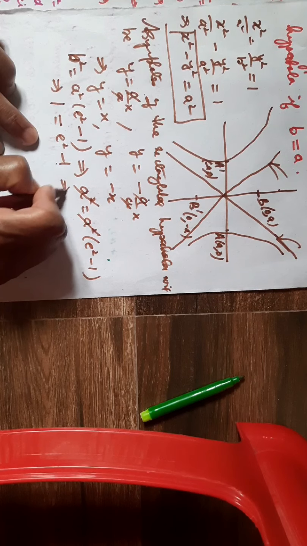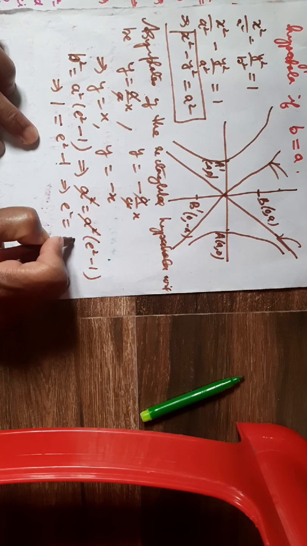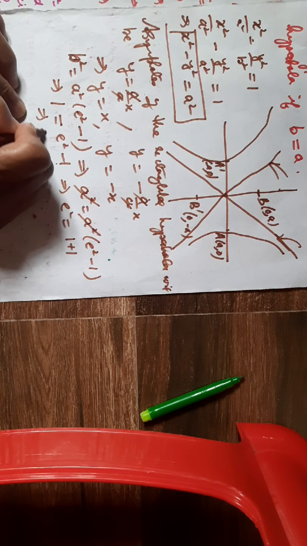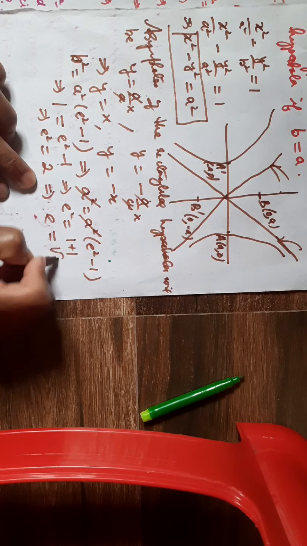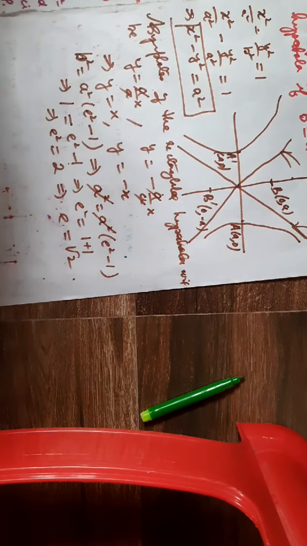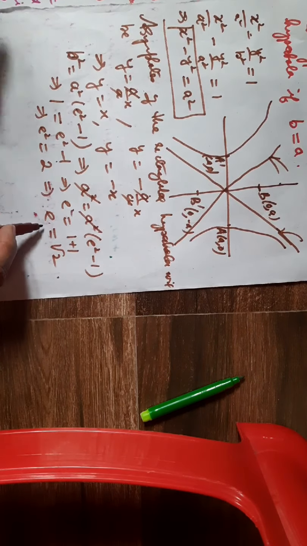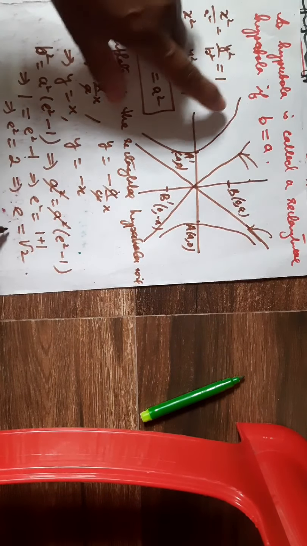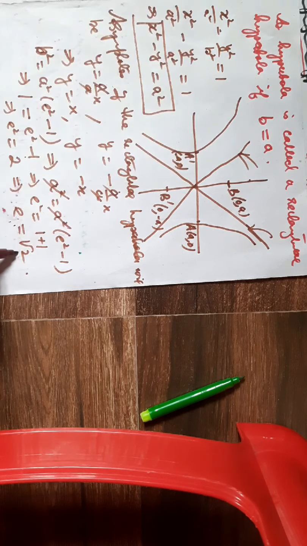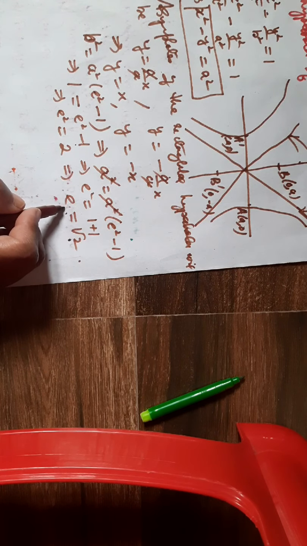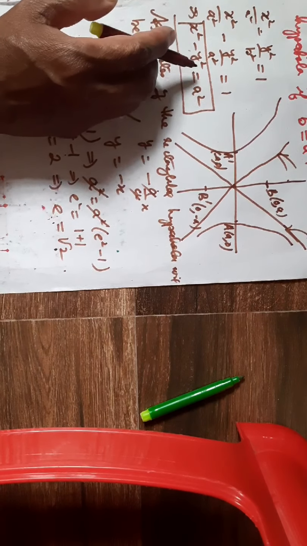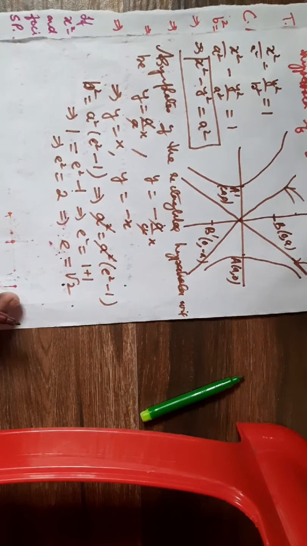Transfer this to the other side and you get e square is equal to 1 plus 1, which means e square is equal to 2. So e is equal to root 2. Therefore, the eccentricity e for the rectangular hyperbola x square minus y square is equal to a square is the square root of 2.